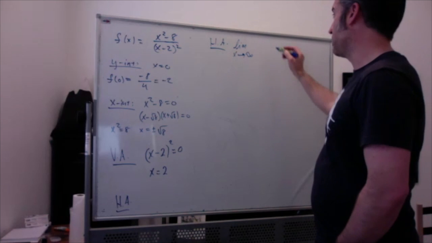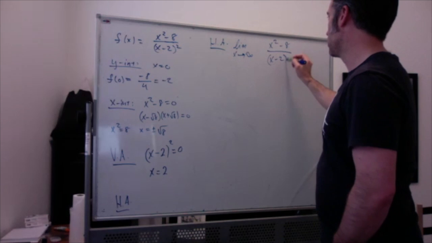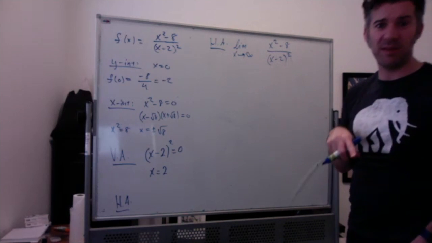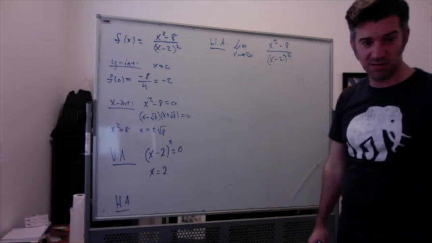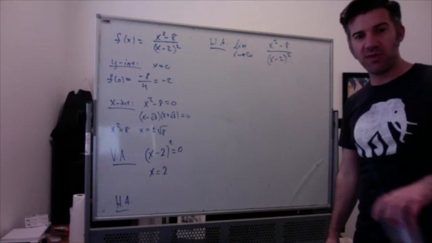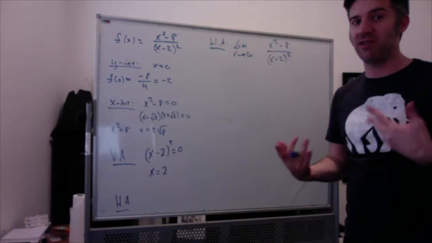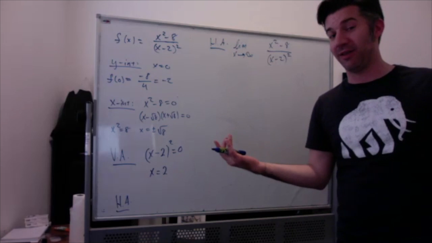So the limit as x goes to infinity of x squared minus 8 over x minus 2 squared. Can anyone type in the chat and tell me what this limit's going to be? Without using L'Hopital's rule? I know you all know how to do this. I think you've just forgotten that you know how to do this.